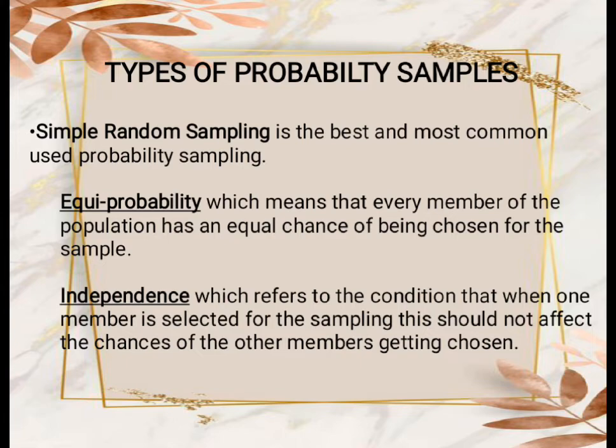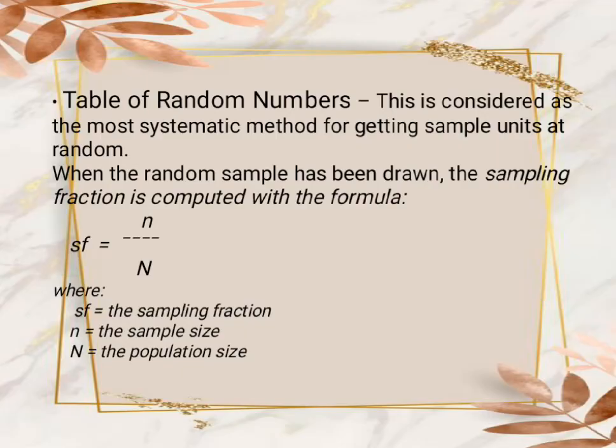First is equiprobability, which means that every member of the population has an equal chance of being chosen for the sample. Second, independence, which refers to the condition that when one member is selected for the sampling, this should not affect the chances of the other members getting chosen.